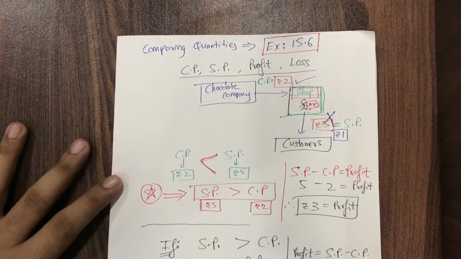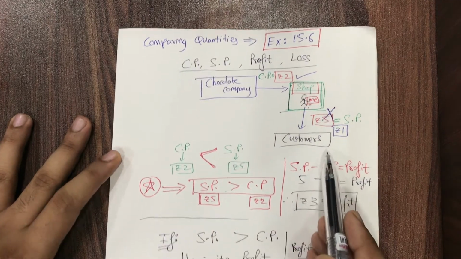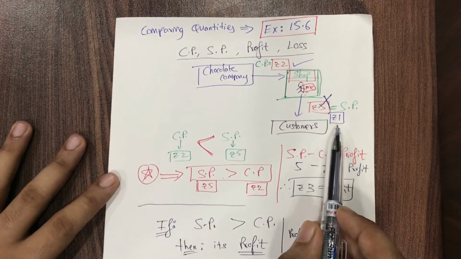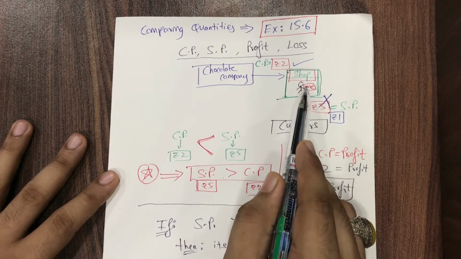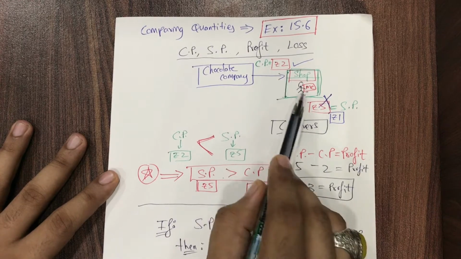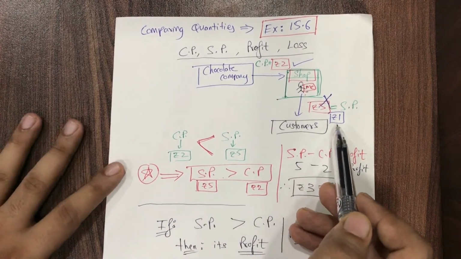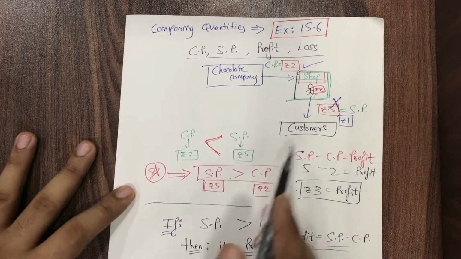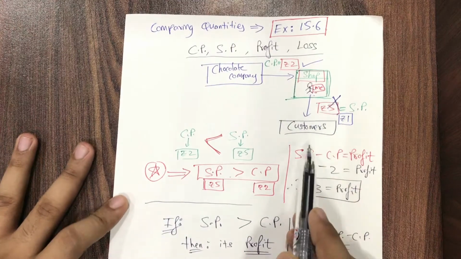Yes, because my cost price over here is rupees 2, but I am selling the chocolate at rupee 1. So at my shop, I am getting a chocolate at rupees 2 and I am selling it at rupee 1. This also happens, students, certain times. So can I say, in this case the cost price is greater and the selling price is less?